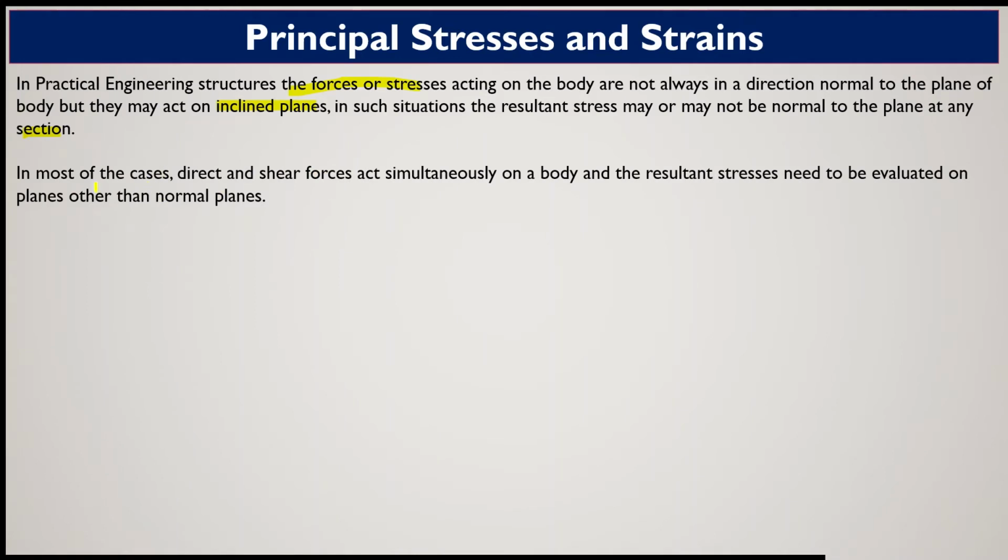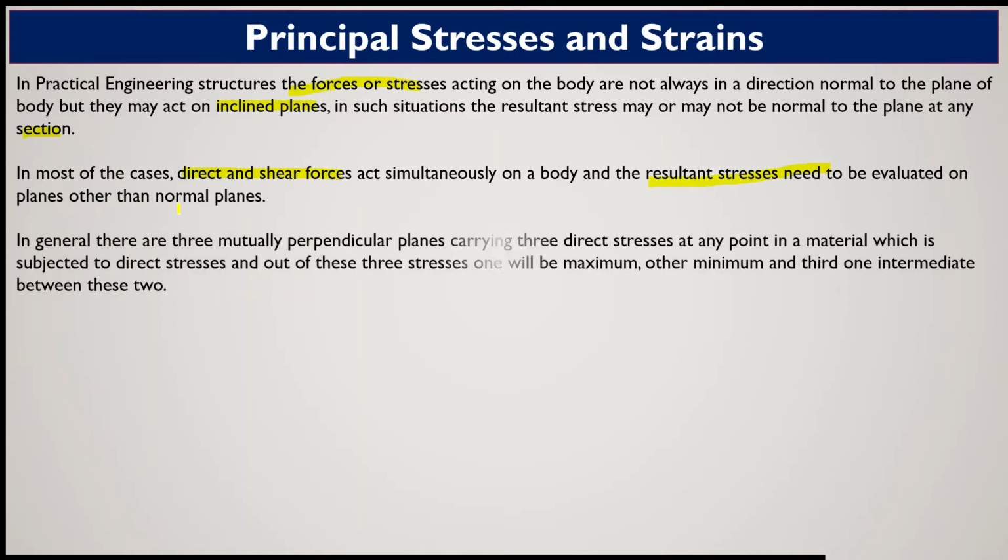Now in most of the cases, direct and shear forces act simultaneously on a body, and the resultant stress we have to evaluate on a plane other than the normal plane. So these are the practical cases where we have to evaluate the effect of these forces.